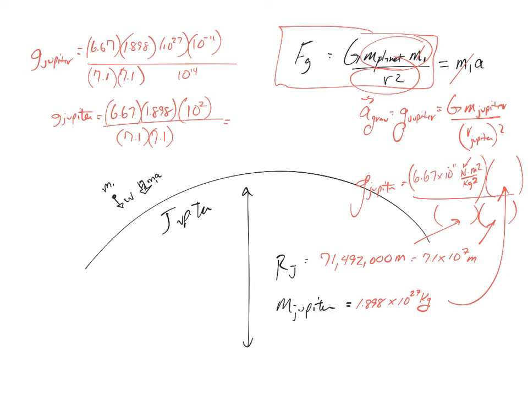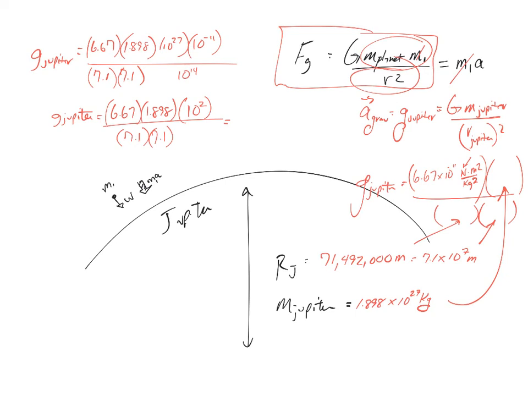That's how I got 10 to the second. 27 minus 25, right? Because 14 plus 11 is 25. Are you guys cool? What did you get? 24.76? I got 25.11.